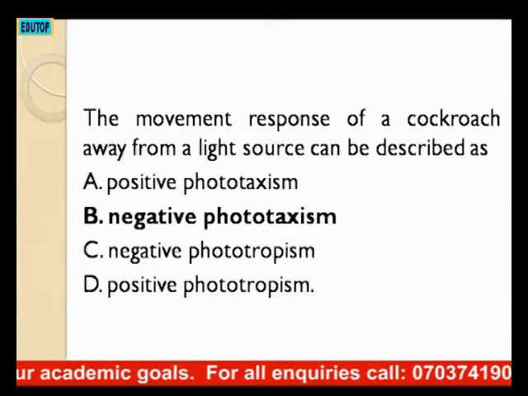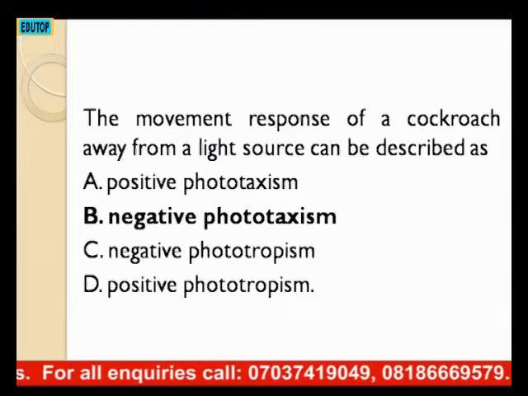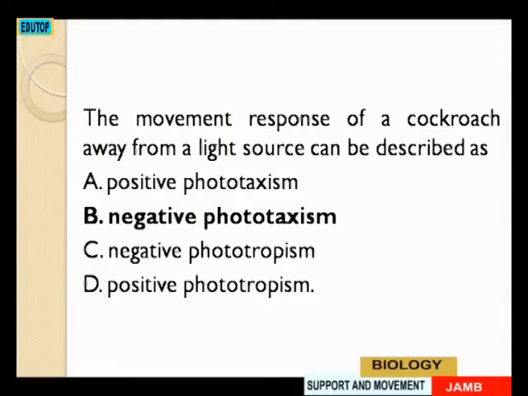The movement response of a cockroach away from a light source can be described as... I explained earlier that positive movement is when the organism is moving towards that stimulus, while negative movement is when the organism is moving away.